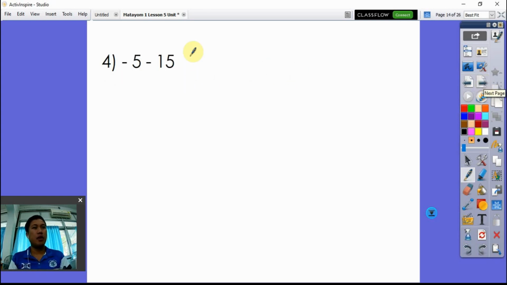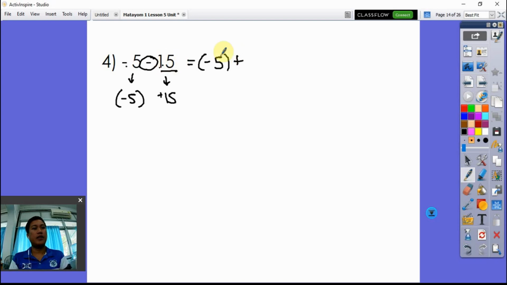Okay, let's have number 4. Negative 5 minus 15. Okay, we don't have a parenthesis here, but we understood that this is negative 5. 15 here is a positive number, so positive 15. Okay, so let's rewrite it down. We have negative 5. We change the minus into plus.